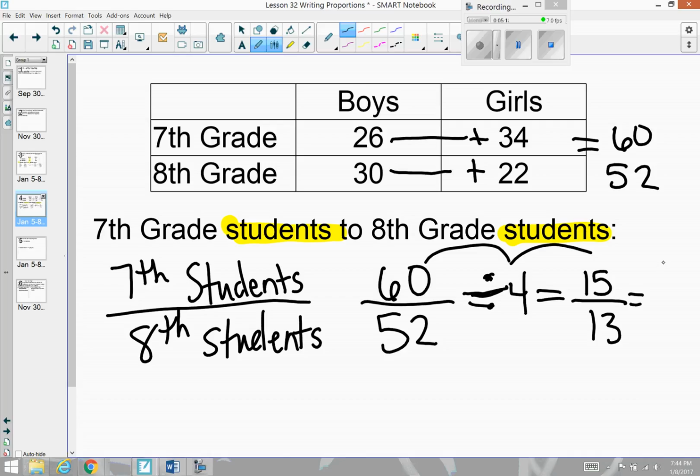So our equivalent ratios, which make a proportion, would be 15 to 13, 15 7th grade students to 13 8th grade students, equivalent to 60 7th grade students and 52 8th grade students.